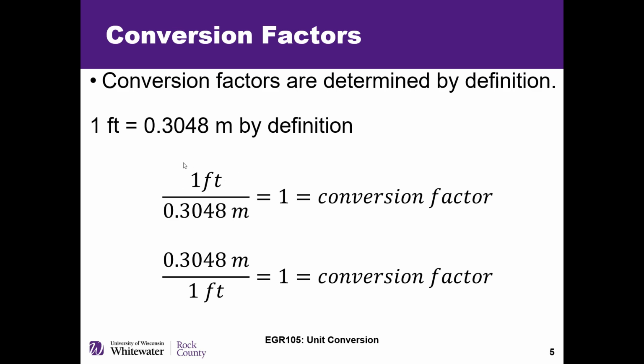So 1 foot divided by 0.3048 meters equals 1. Likewise, I could divide both sides by 1 foot. I'll have 1 foot over 1 foot on this side, and then 0.3048 meters over 1 foot on the other side. So I always will have two conversion factors, and really they're just the reciprocal of each other.